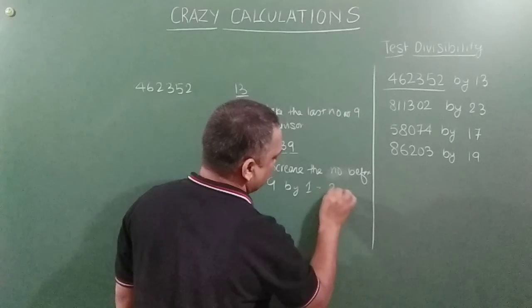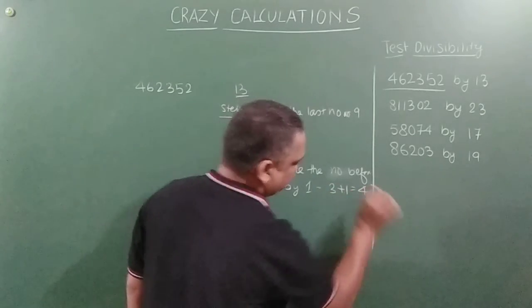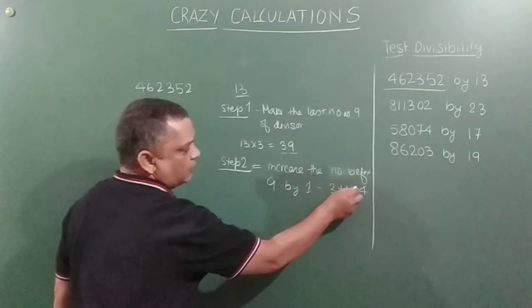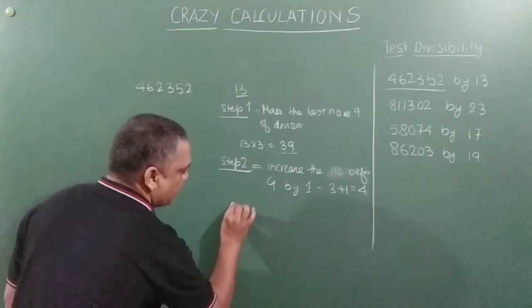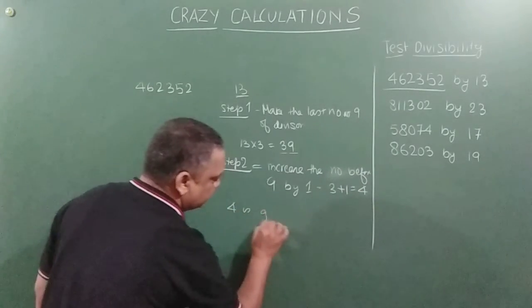That is equal to 3 plus 1, that is equal to 4. Correct, friends? Now, once this has become 4, we call it the golden number.